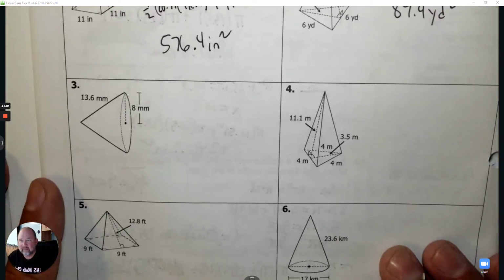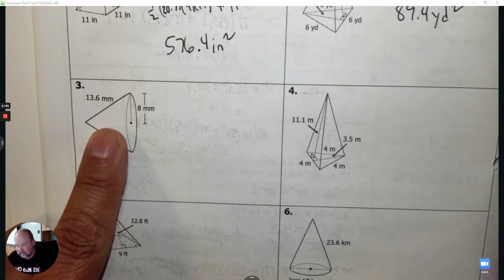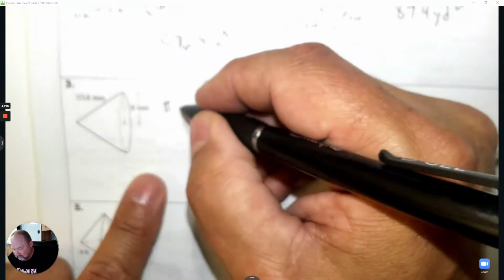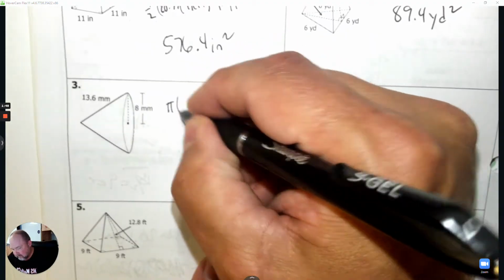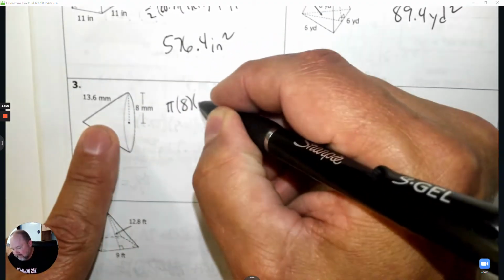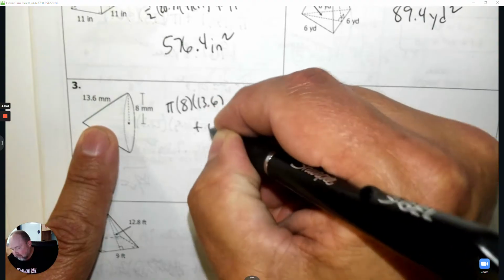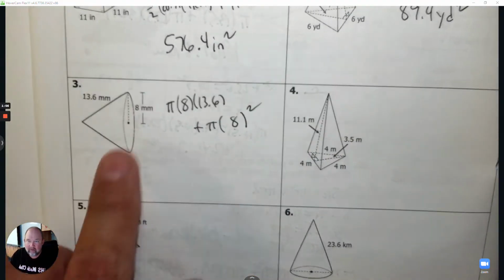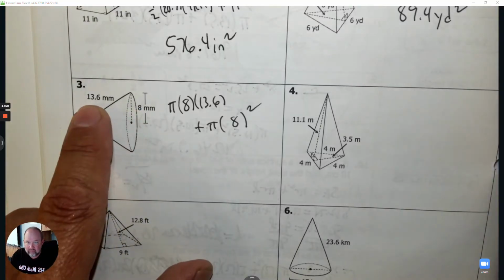Great job. All right, this is a cone. So it is pi r L. So the radius is 8 and the slant height is 13.6, plus pi r squared. The radius r is 8 and the slant height is 13.6.